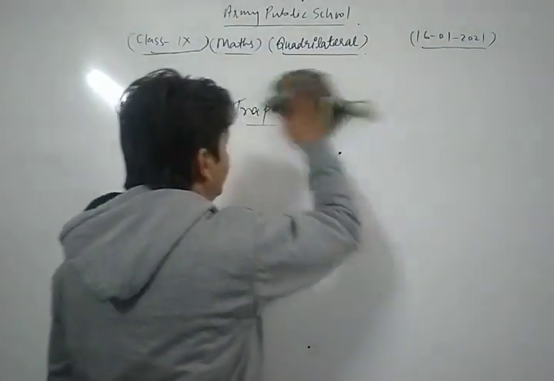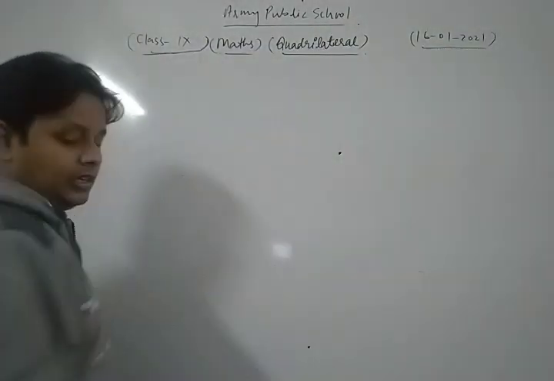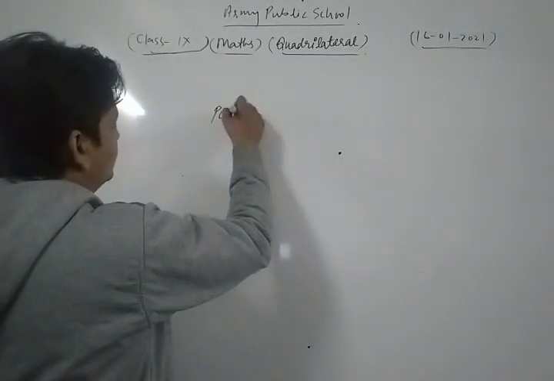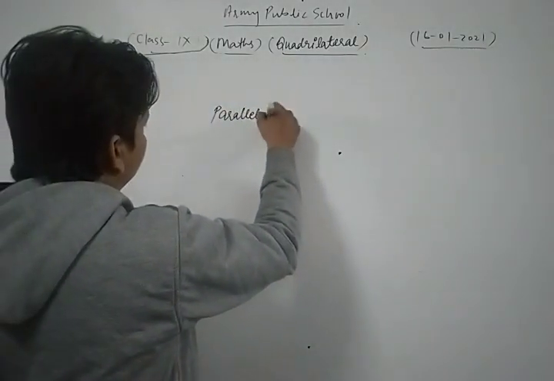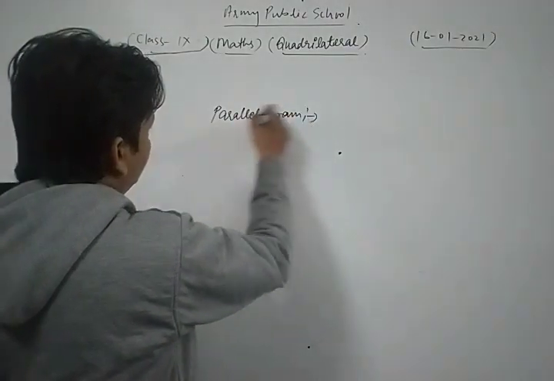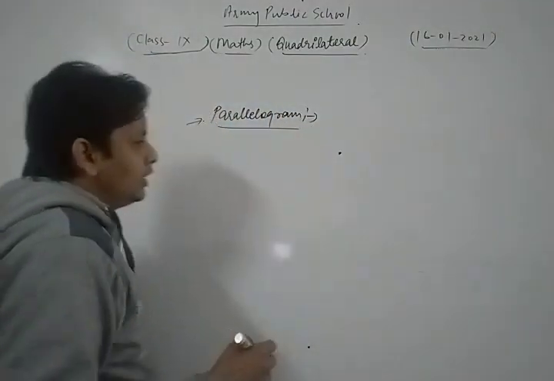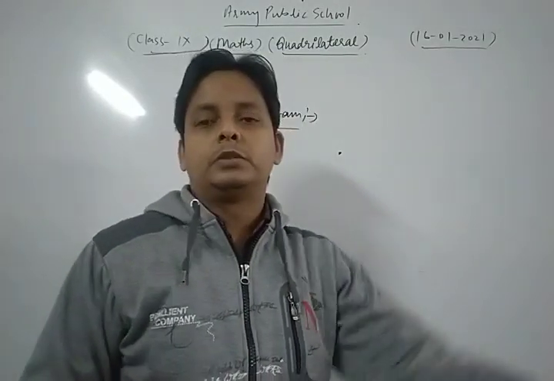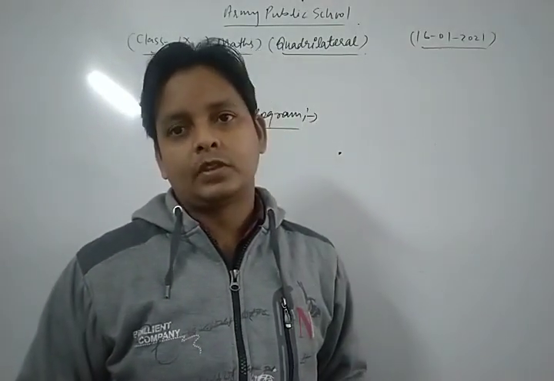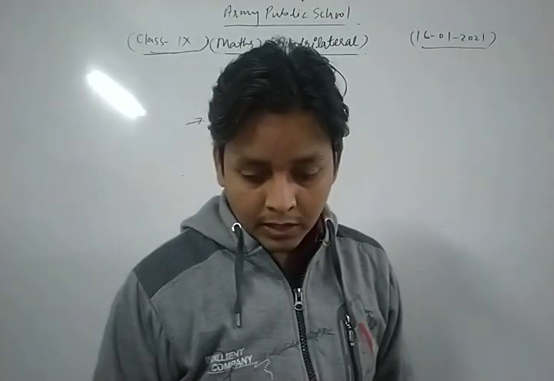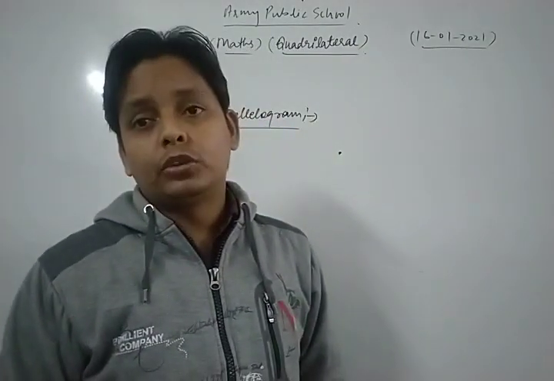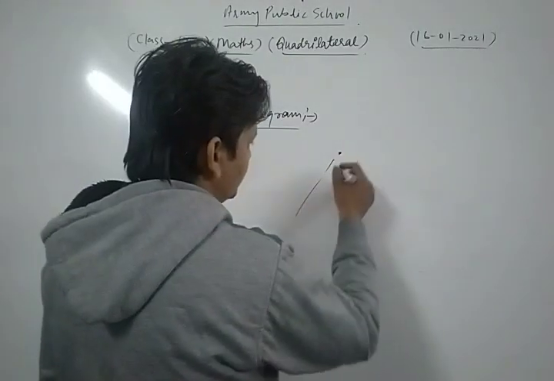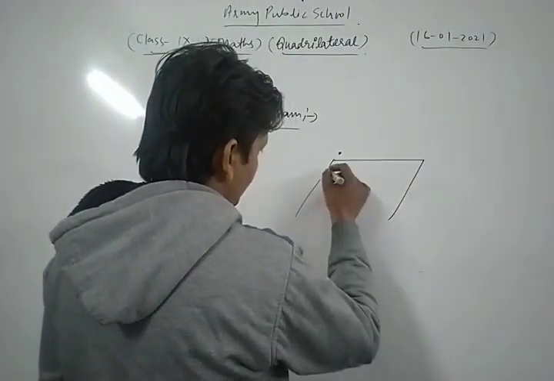We discuss the various types of quadrilateral. The second one is the parallelogram. Dear students, a parallelogram is also a special type of quadrilateral in which both pairs of sides are parallel to each other. This is the shape of the parallelogram.